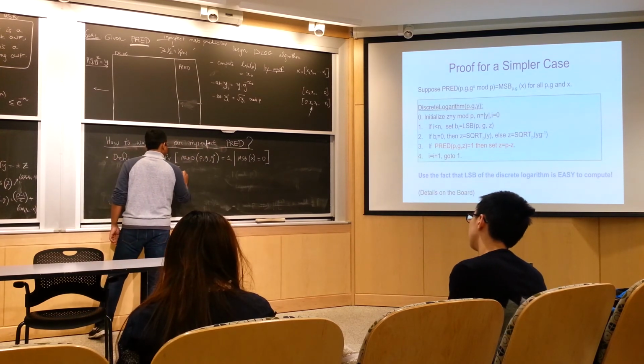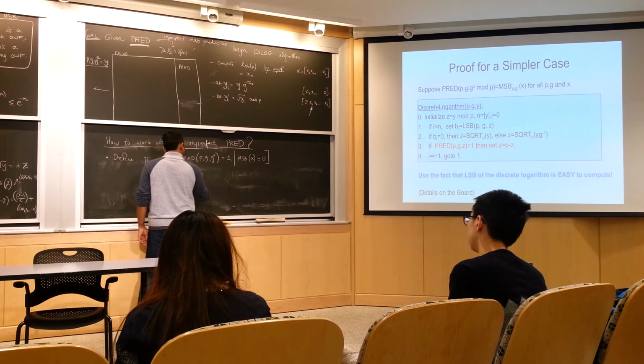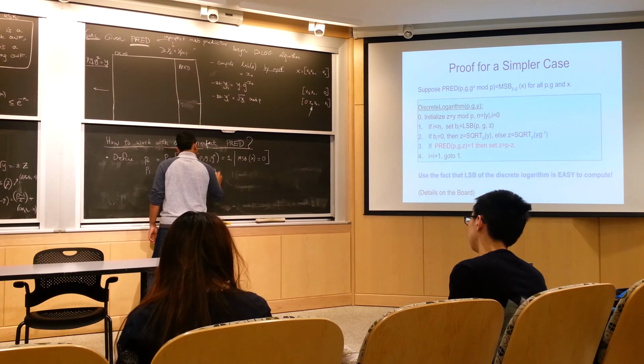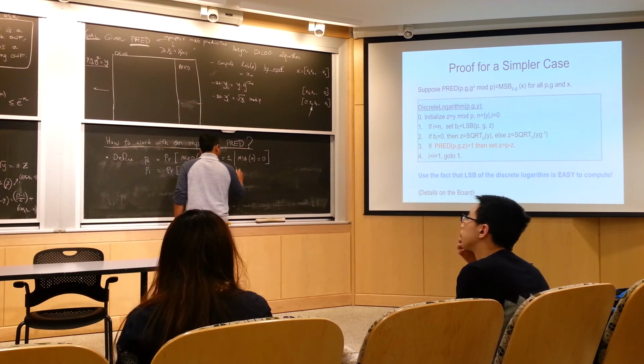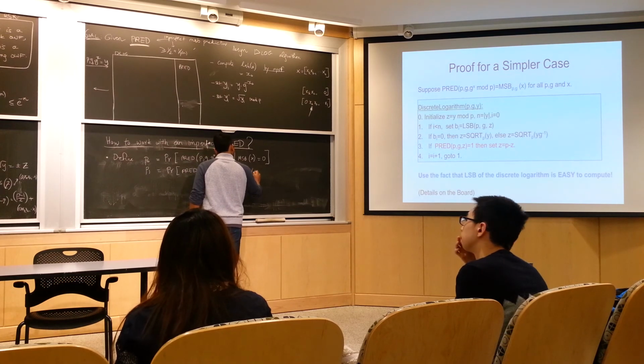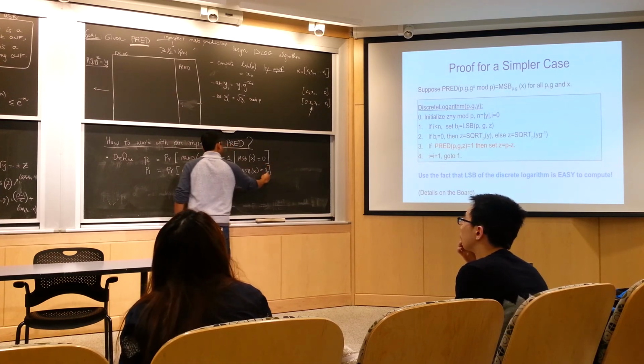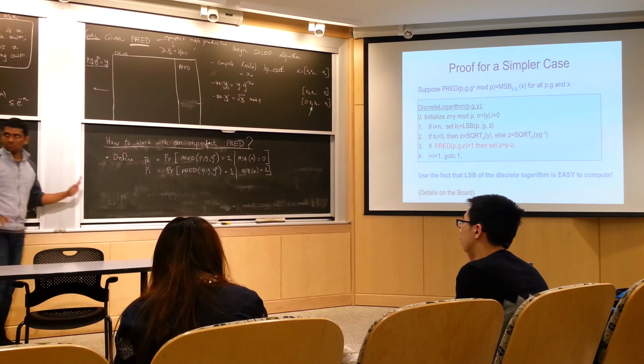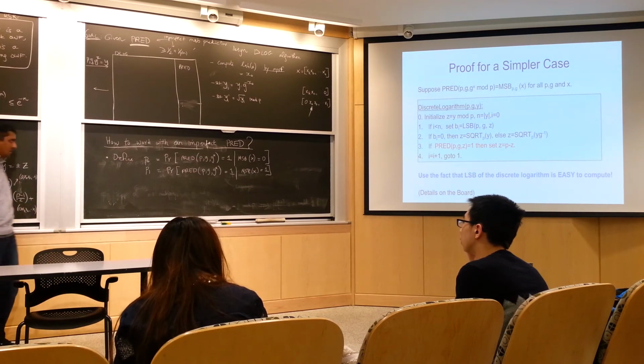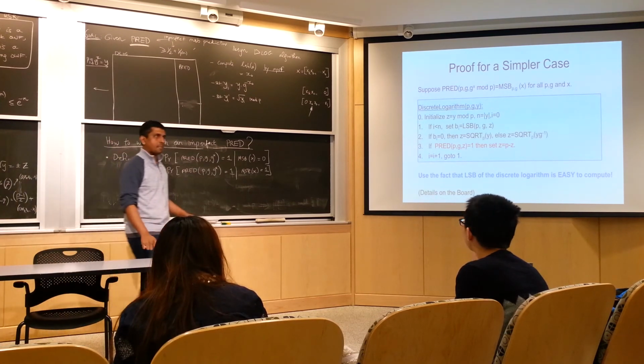P1 is the probability that the predictor, on input P, G, G to the X, outputs 1, conditioned on the MSB of X being 1. Okay, so these are two numbers, just analyzing what is going on with this predictor.